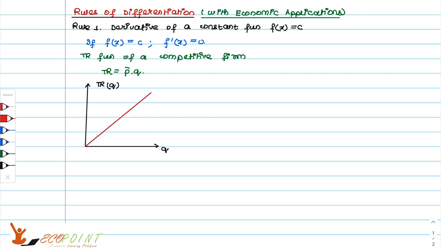As Q is increasing and P is given to you, this is just this function. What about the marginal revenue function? If you are selling one more unit of the output, how much change in revenue is coming through that? That is the marginal revenue function. So MR is dTR by dQ. You just differentiate this and you'll get just P bar.